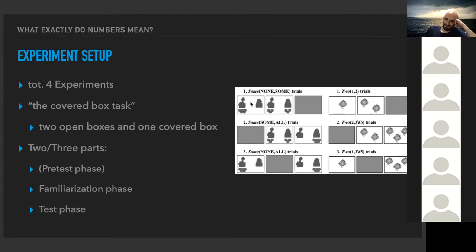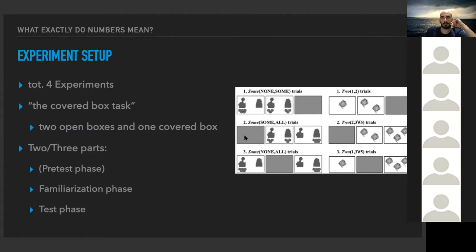So in this box, Cookie Monster had no cookies. Here he had 3 of 6 cookies, and this box was covered. And so on and so forth. And the second task was to choose the box in which were 2 fish. Yeah, you can see this here. And of course, the order was messed up during the test.